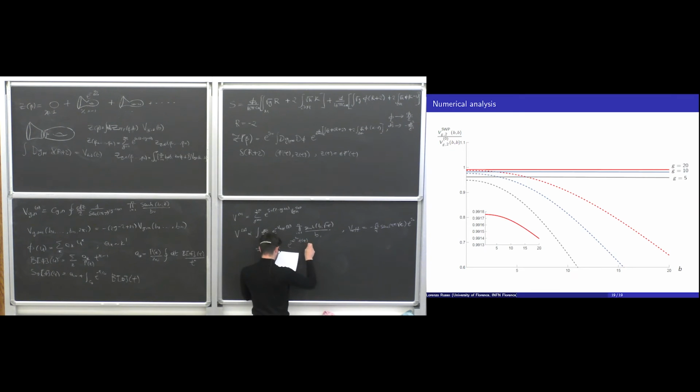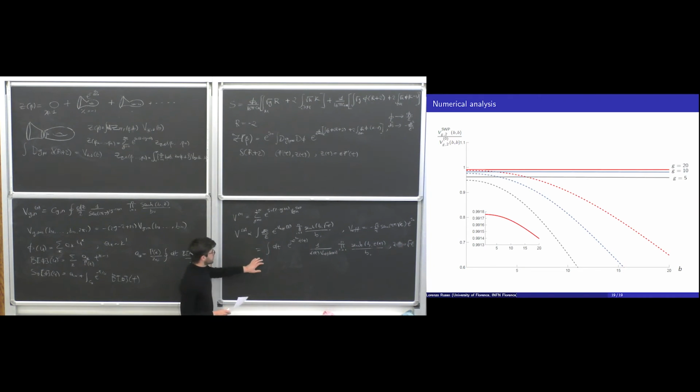If you wish, later I can show you the exact change of variables that you should perform. And so sinh of b z of t over b, where z is this, I would say.